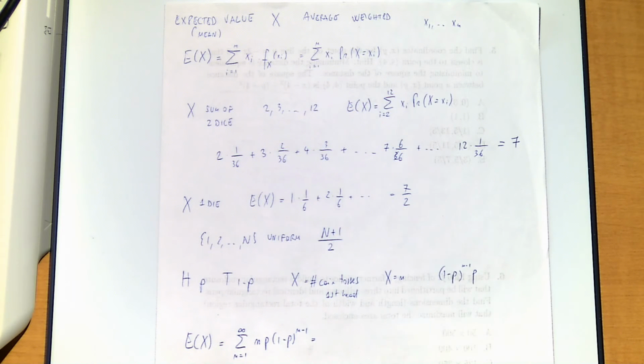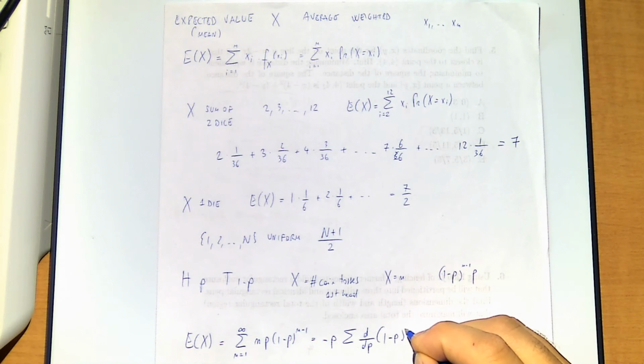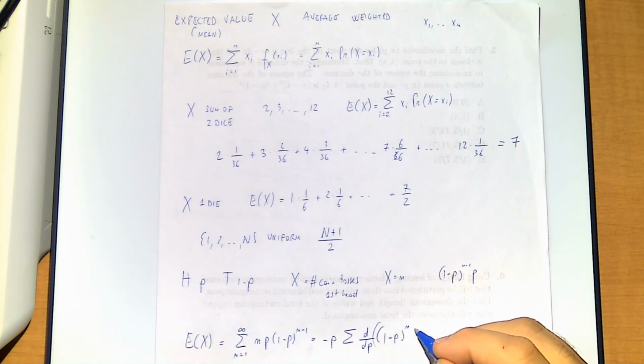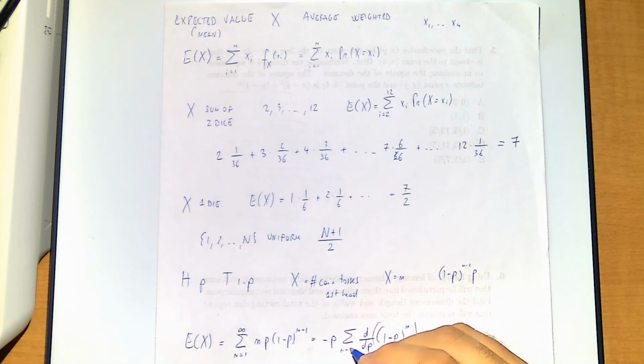This is an infinite series, so to calculate this you can take the derivative with respect to p, and it becomes (1 minus p) to the n. So you differentiate that, and this is always the sum from 1 to infinity.